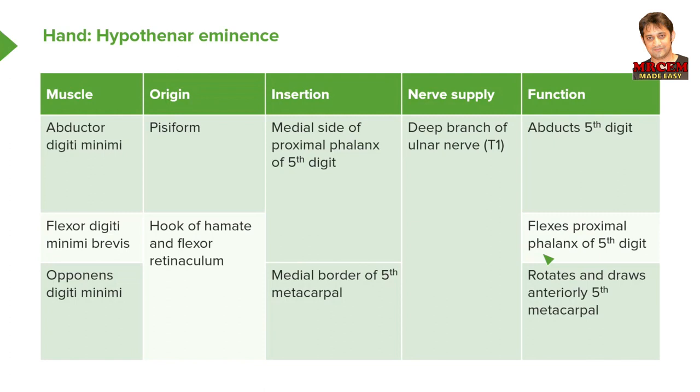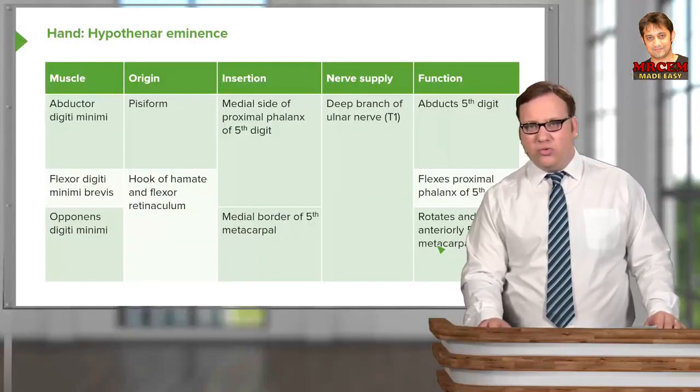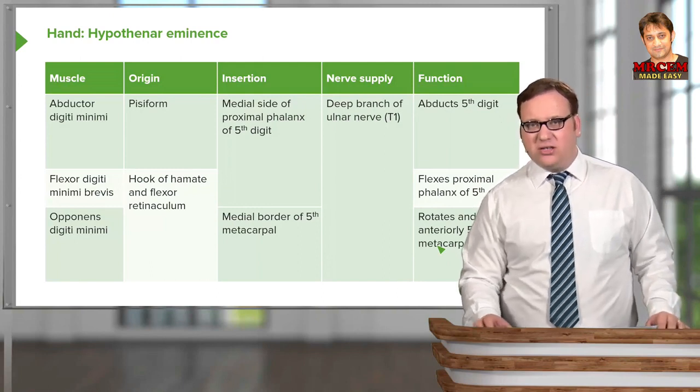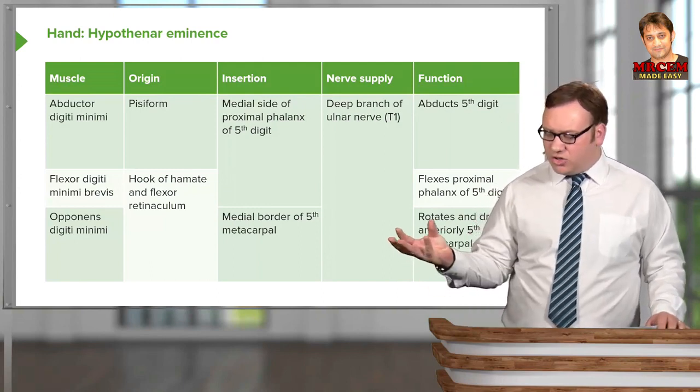So flexor digiti minimi flexes the proximal phalanx of the fifth digit, and opponens digiti minimi rotates and draws anteriorly the fifth metacarpal. It helps to oppose the little finger, and it helps to draw the little finger towards the thumb so these two digits can touch one another.